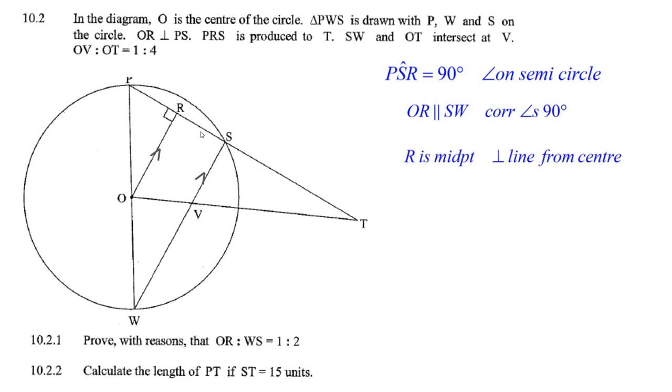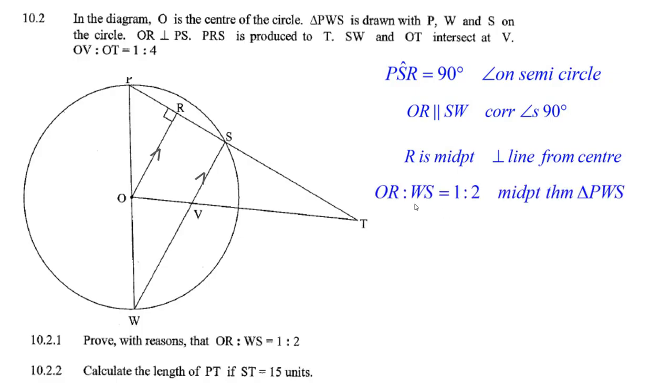Well, we know that R is the midpoint of PS. Why is that? Because a perpendicular line from the center bisects the chord. Here's a line from the center. It bisects the chord, so we know R is the midpoint of PS.